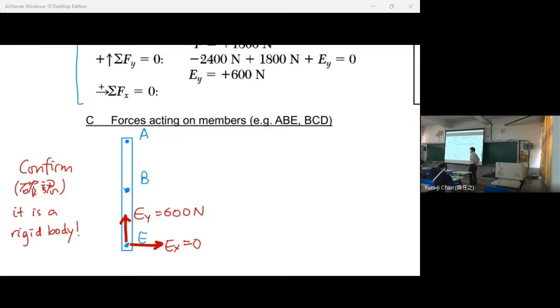And we got this from part B, right? Let me draw the dimensions as well.